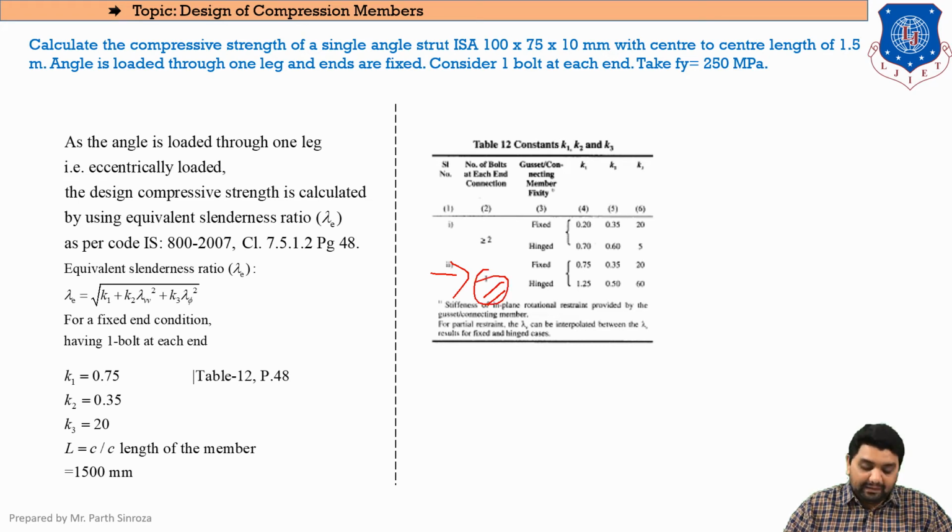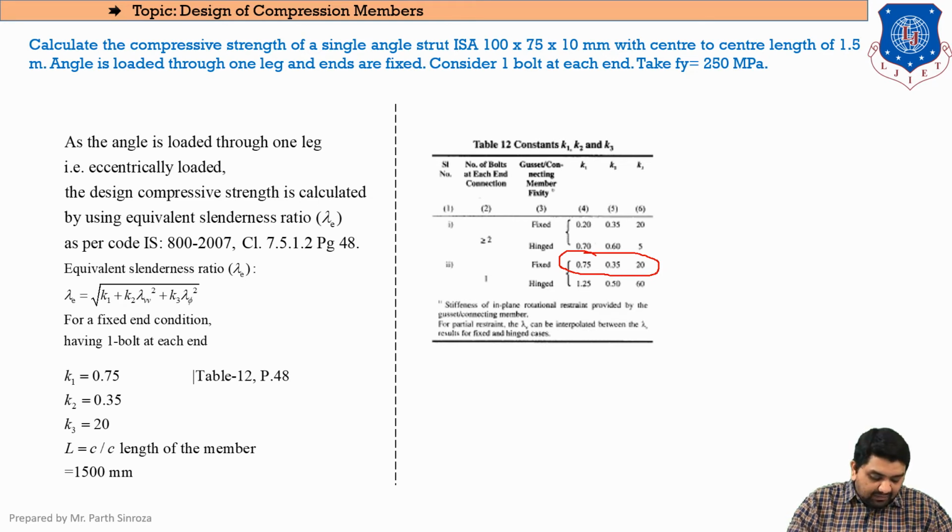So here the second row is for one, that is the number of bolts at each end. So one will be provided at each end as given in the question, and in that also there are two categories mentioned. First is for fixed support, and the second is for hinged support. And here it is mentioned in the question that ends are fixed. Clear? So if it is mentioned ends are fixed, then our k1, k2, k3 will be this term that I will highlight. Clear? So this is how we will always find the values of k1, k2 and k3 that are our constants.